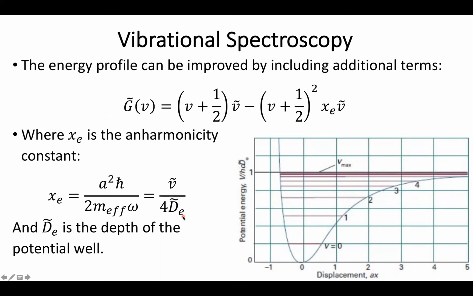Now, one of the things you can see is that as my anharmonicity increases, the well becomes essentially wider. It's also going to become shallower because in order to get this number to go bigger while keeping the vibrational constant the same, I have to make the well shallower.